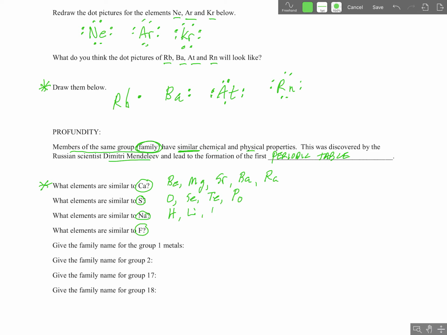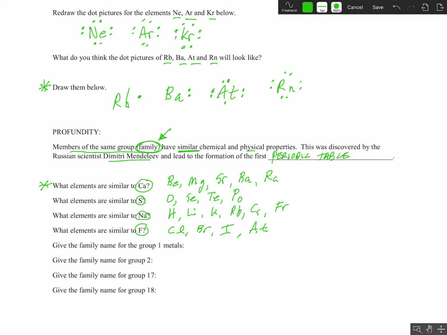Lithium, potassium, rubidium, cesium, and francium would all have similar physical and chemical properties. They're in the same family, kiddos. They're similar to each other. Fluorine is in group 17. So the other members of group 17 are chlorine, bromine, iodine, and astatine.